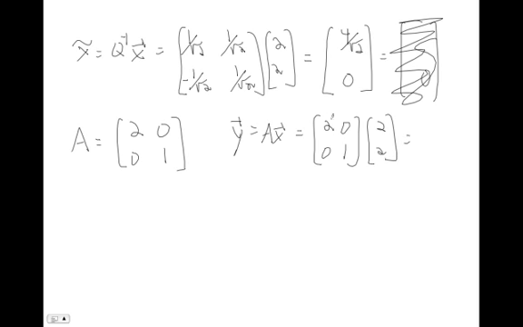And I do that math, and I get 2 times 2 is 4, 0 times 2 is 0, so 4, and then 2. So effectively, what is this function A doing? This function A is taking the first entry in my x and multiplying it by 2, and it's taking the second entry in my x and leaving it unchanged. So that's how you can think about what this function is doing.